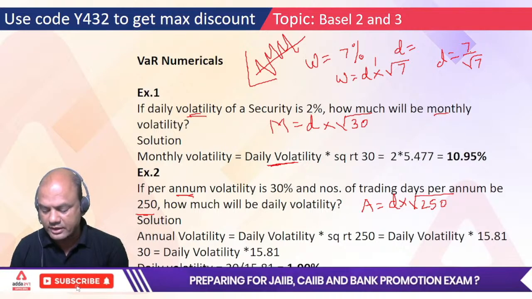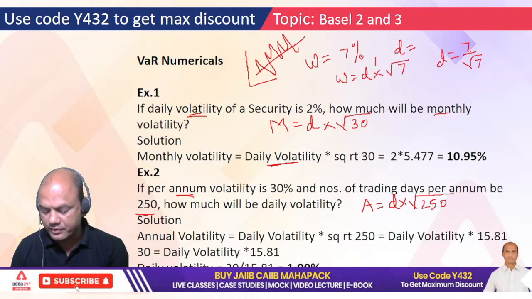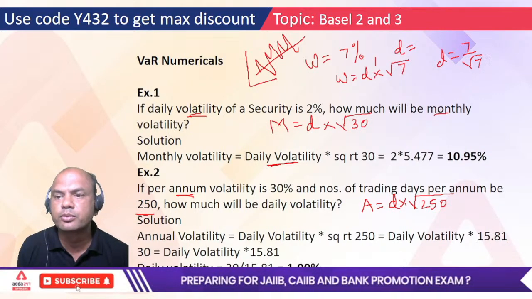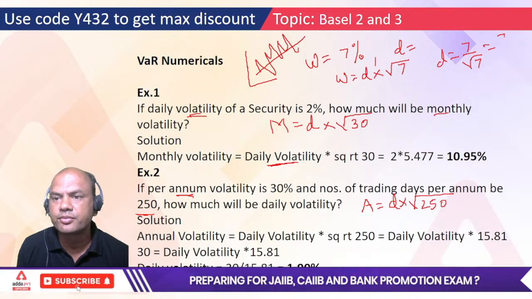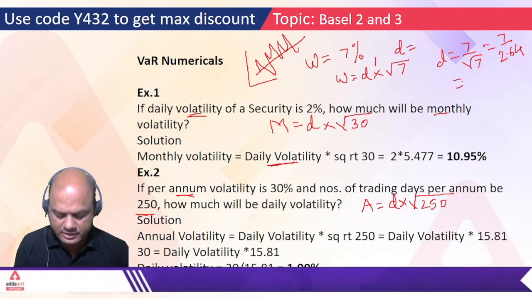So 7 and square root. Square root of 7 equals 2.64. See this, square root of 7 is 2.64. So 7 upon 2.64. Yes. Many of you have got the answer. Correct.